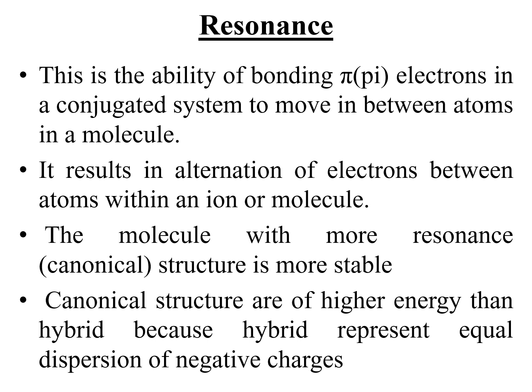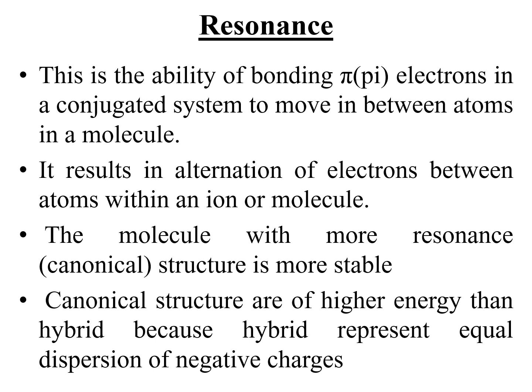Then, when there is this alternation, we are going to have canonical structures, which are resonance structures. The molecule that has more of these resonance or canonical structures is more stable, and the more stable a compound, the more the acidity.